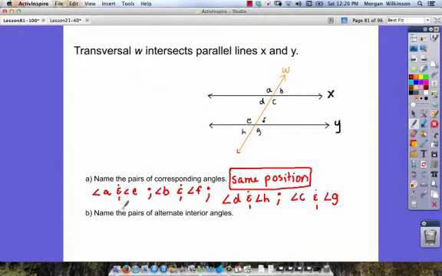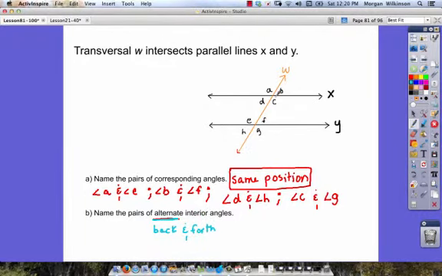Next we have to name the pairs of alternate interior angles. Alternate means back and forth, or side to side. Interior means on the inside.